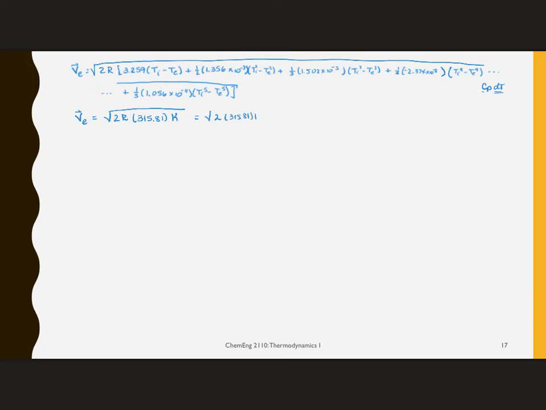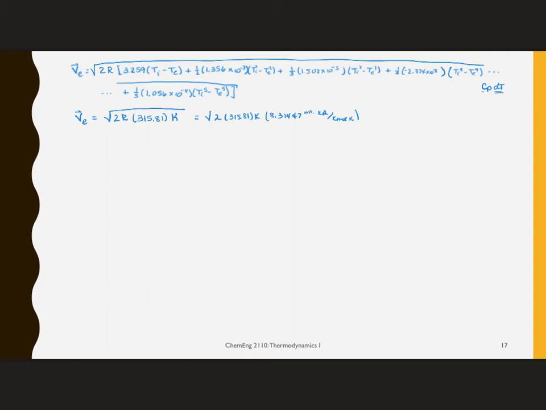But let's use the most common one. Let's use 8.31447 cubic meters kilopascals per kilomole Kelvin. Now, first of all, kilomoles.